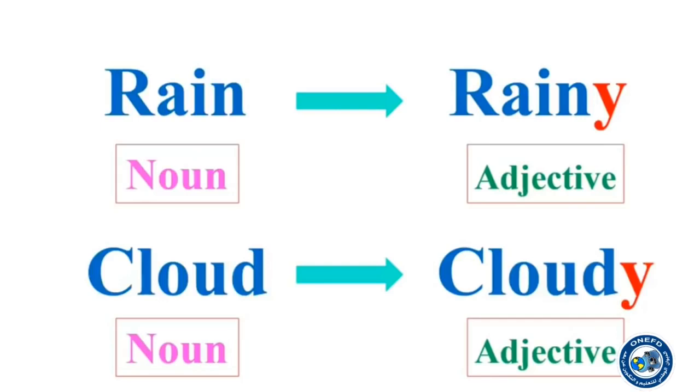So I say rain, rainy, cloud, cloudy, sun, sunny, snow, snowy. Always, dear pupils, I add the suffix y, like you can see in the red color, at the end of the noun to form the adjective.